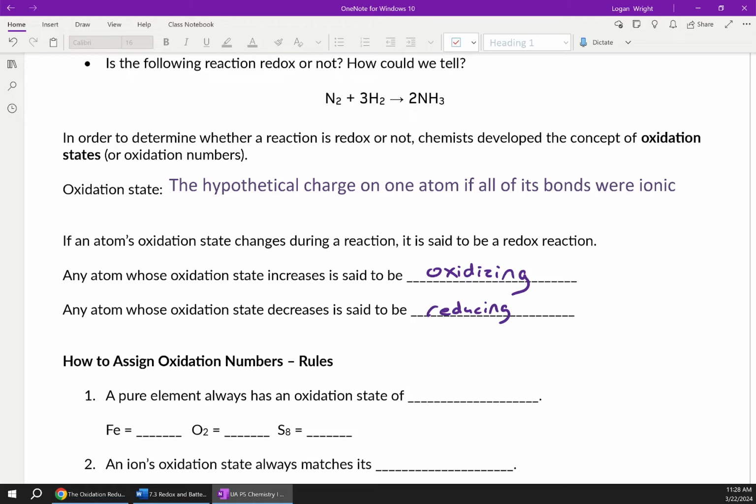If you like OIL RIG better, just make sure in your head, when you say oil, you say oxidation is loss of electrons. Because if I have a loss of oxidation state, that's called reduction. So just be careful with your words, especially at the beginning. Remember, am I talking about oxidation state or am I talking about electrons? Because that changes which words you have to use.